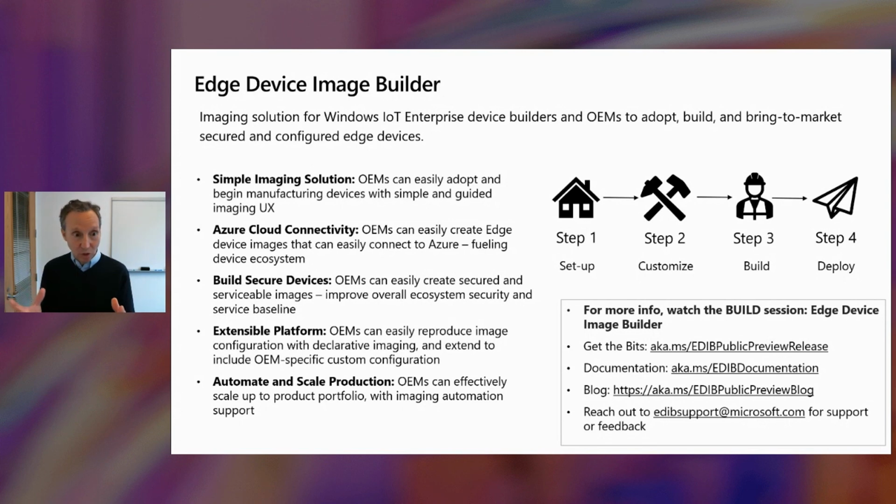It's a UI for configuring everything, and also enabling Azure cloud connectivity if that's something customers want on that device. So enabling the security, the lockdown features, the Azure connectivity. At the end of the day, you can press a button and generate an image that is secure and Azure ready. And so there is a deep dive session on this called Edge Device Image Builder.